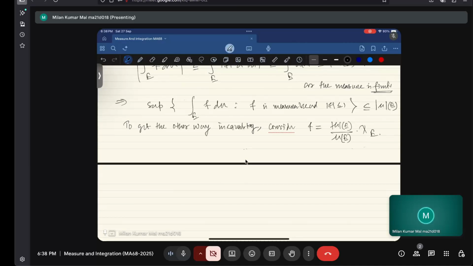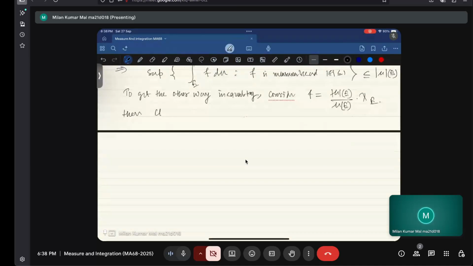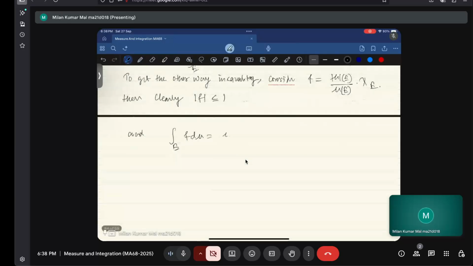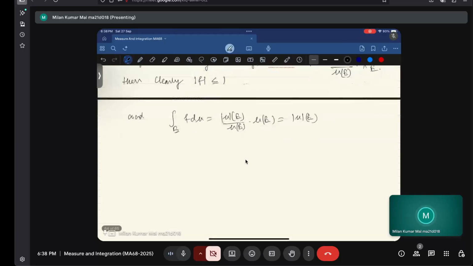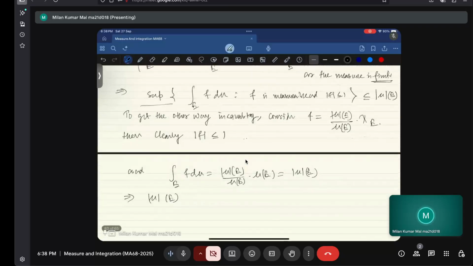Okay, then clearly mod of f is less than or equal to 1, and the integral over E of f d mu is equal to mod mu of E by mu of E times mu of E, which is equal to mod mu of E. So that means the supremum above is attained at that point.